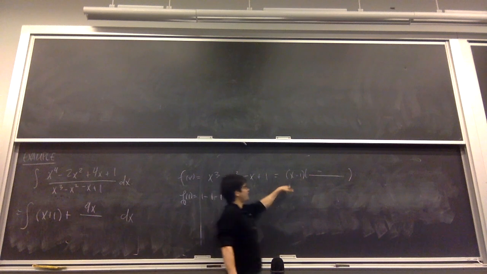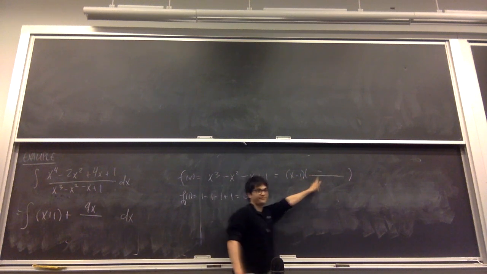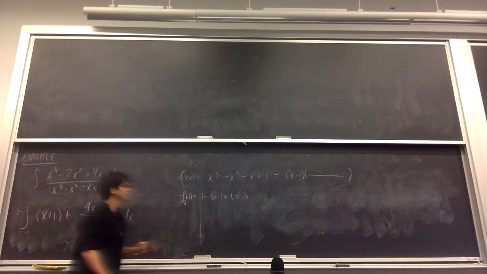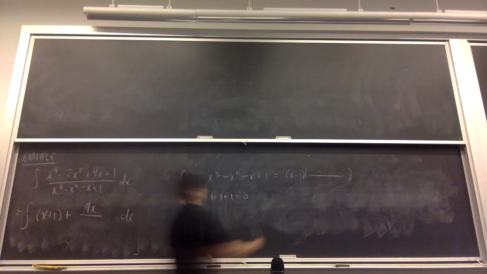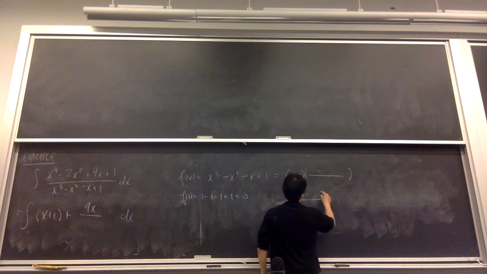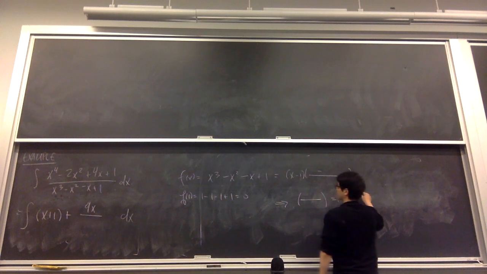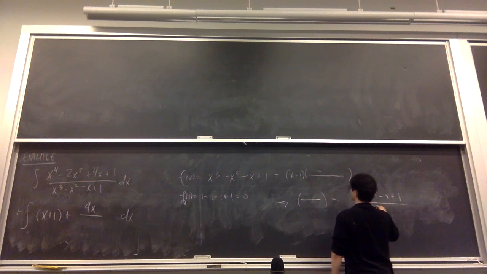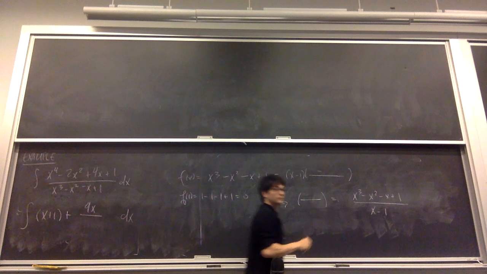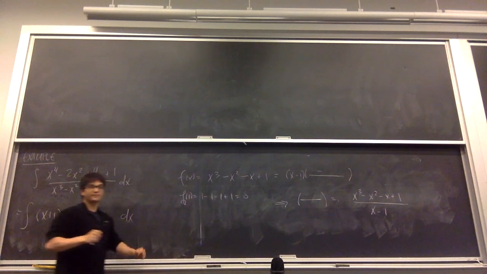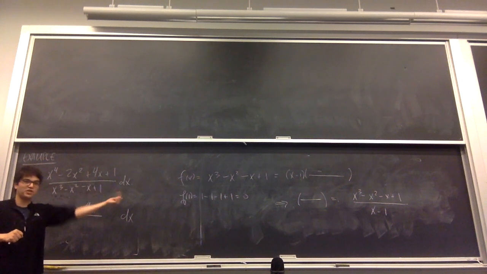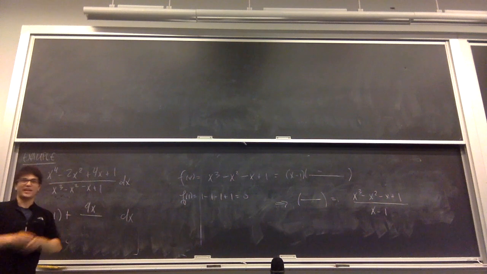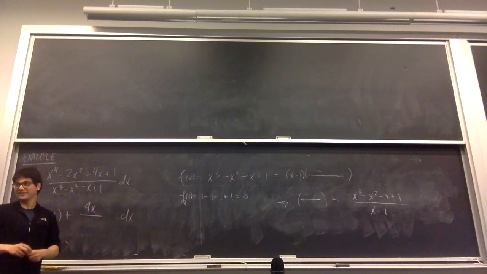So if this is x minus 1, how do you get this part? And you know how to divide. So this synthetic division is going to produce a quadratic, and then you know how to factor all quadratics.